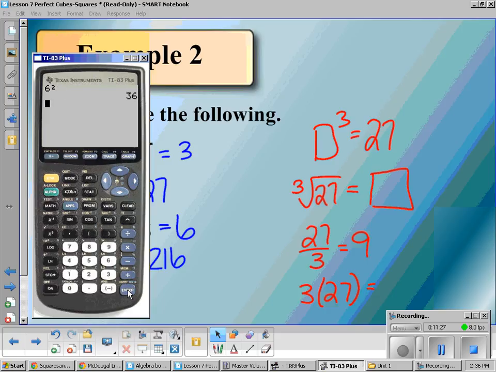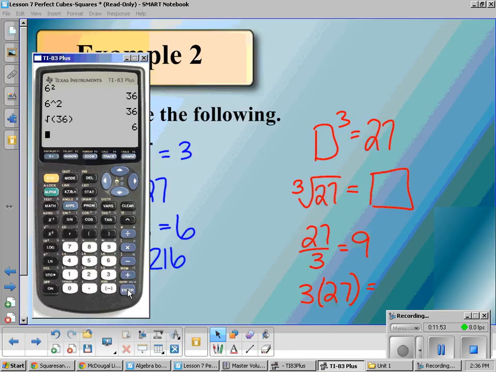If I want an exponent, I can also use the caret button. 6 caret 2 will also give me 36. Okay? Second x2 gives me that square root. So if I want the square root of 36, it gives it to me. It's 6.